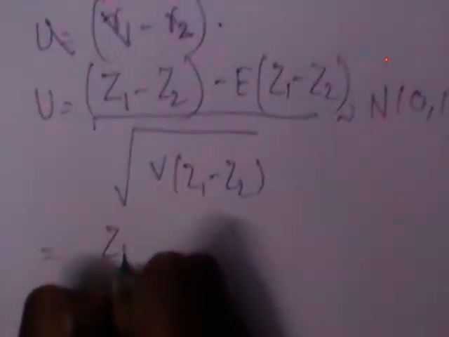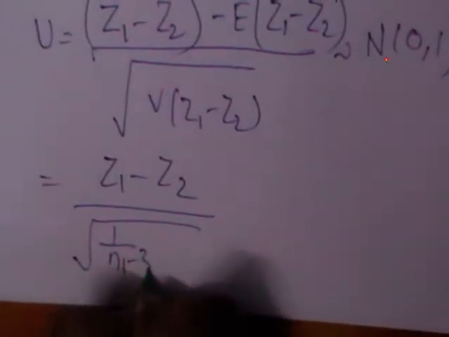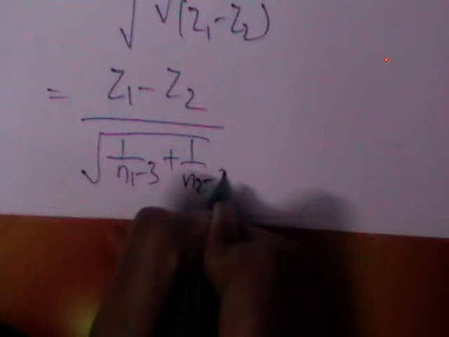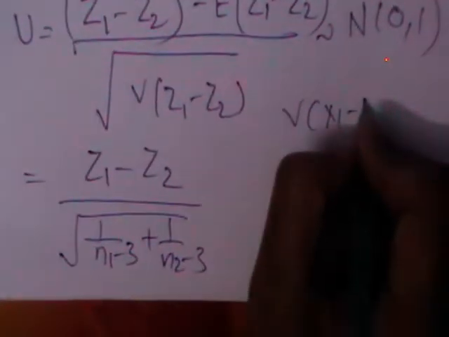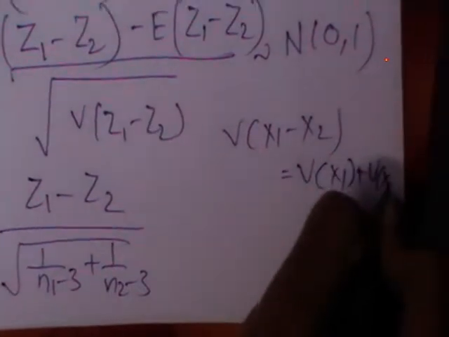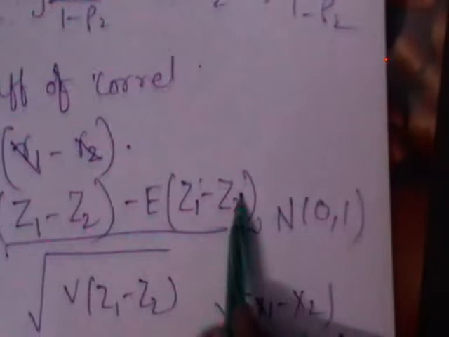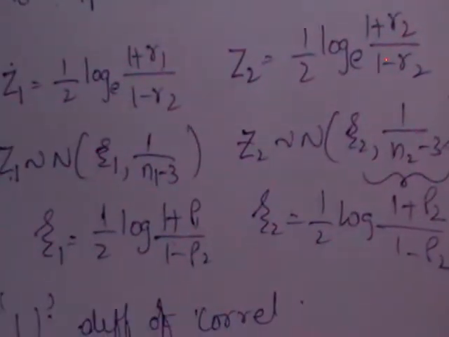This is (Z1 minus Z2) by root over 1 by (n1 minus 3) plus 1 by (n2 minus 3), as variance of (x1 minus x2) is variance of x1 plus variance of x2. Why does the expectation become 0? If rho 1 equals rho 2, these two terms go to 0. This is the test statistic.